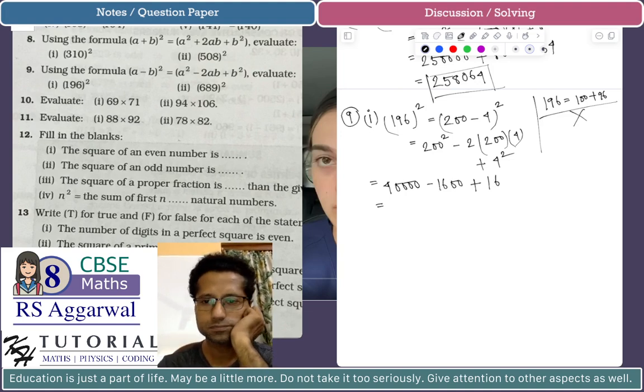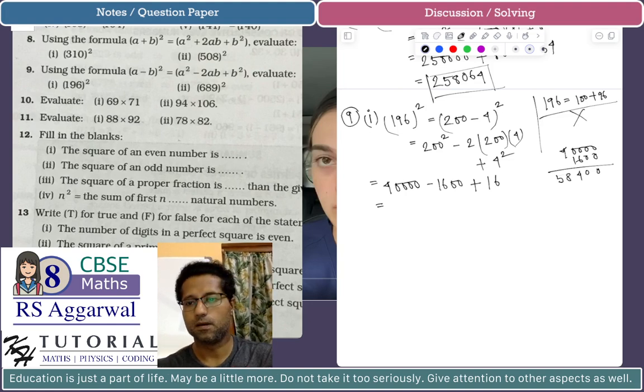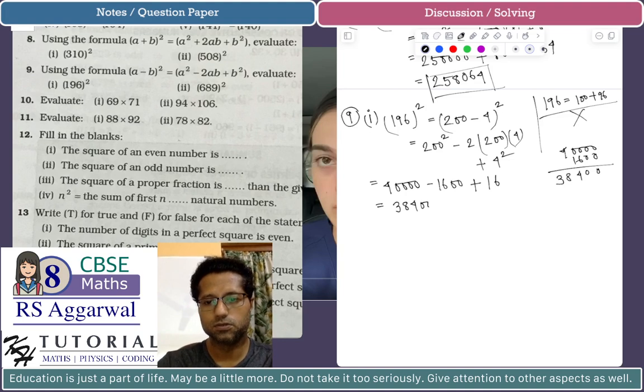So you have to find this. 40000 minus 1600 is 38400, plus 16, which is equal to 38416.